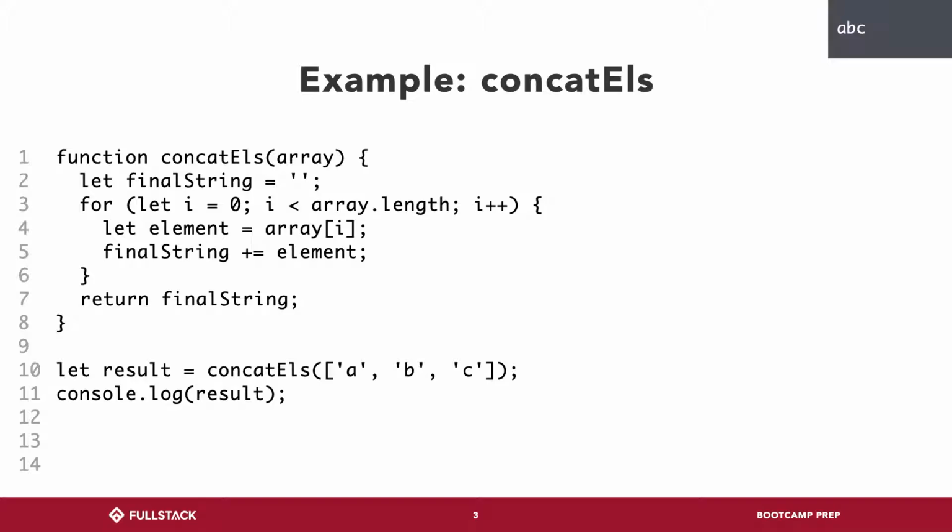So this concat takes in this array of strings, and the result will just be a string ABC. This isn't anything new, right? This is just looping through an array and making everything into a final string, right? Cool.